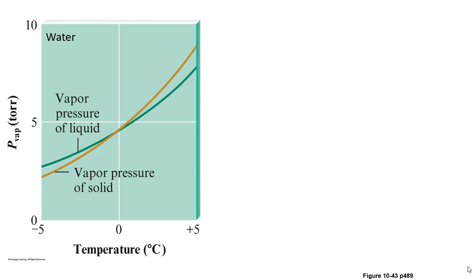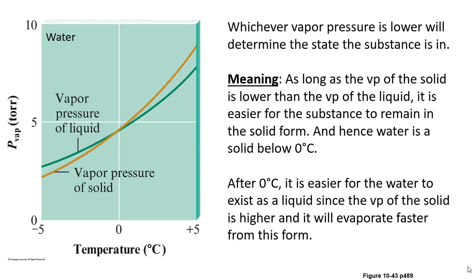And so the vapor pressure of a liquid is exactly what we're looking at here, and the vapor pressure of the solid is similar. Are those molecules going to want to stay in the solid phase, or are they going to want to go into the gas phase? And so a way we can look at this is, as long as the vapor pressure of the solid is less than the vapor pressure of the liquid, it's easier to remain in the solid form. And if it's greater than that, it's easier to remain in the liquid form.